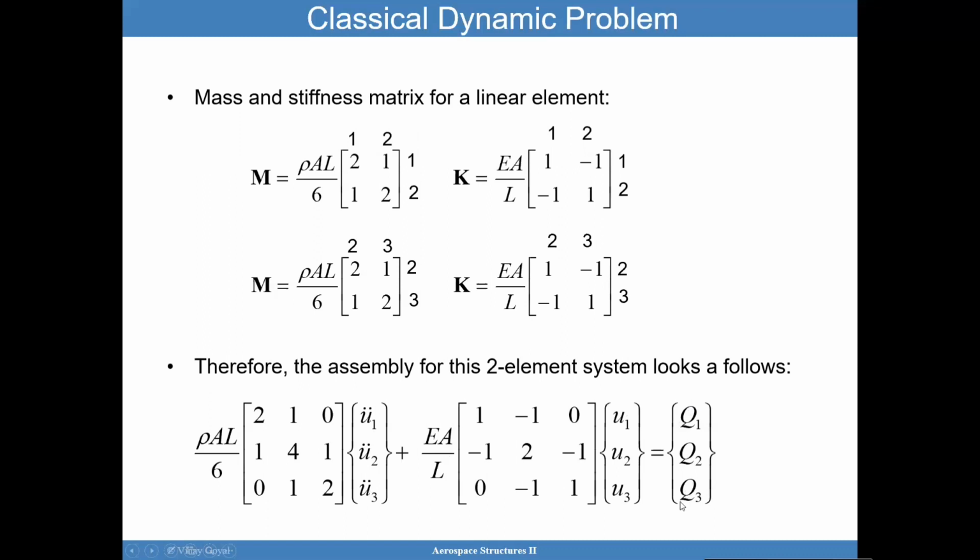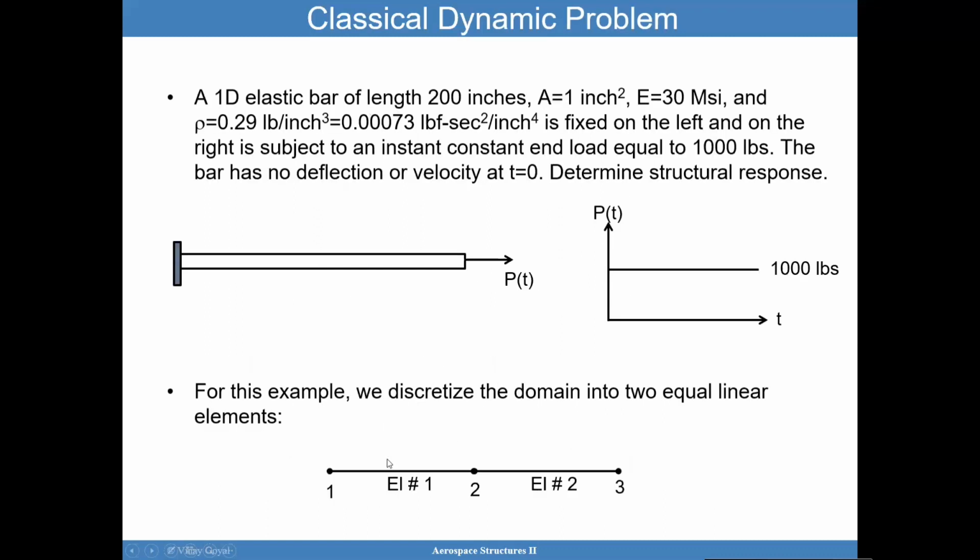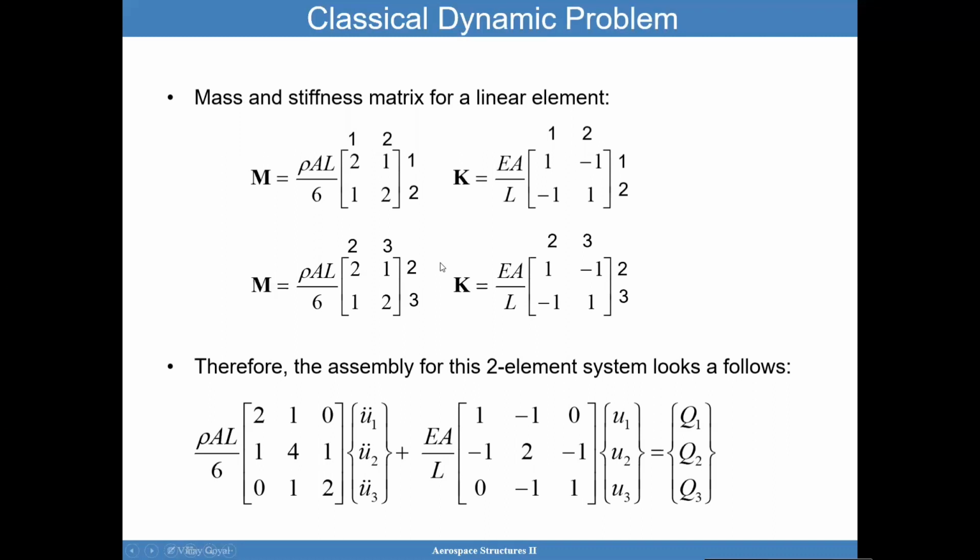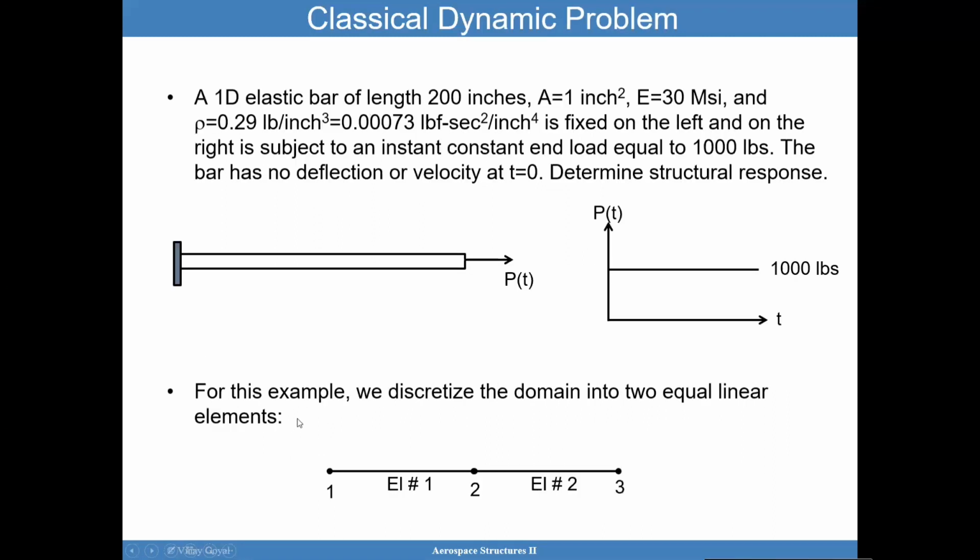What I want to point out here is that we took a continuous system here where u varies across the whole thing, and I've turned that into a discrete system where the system only depends on the unknowns at nodes 1, 2, and 3.